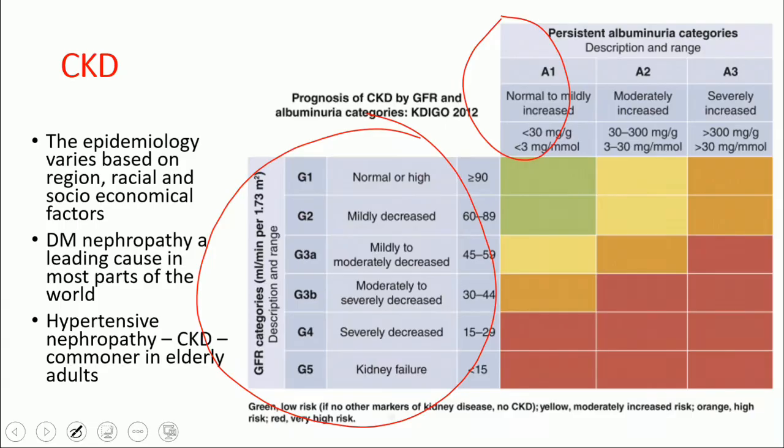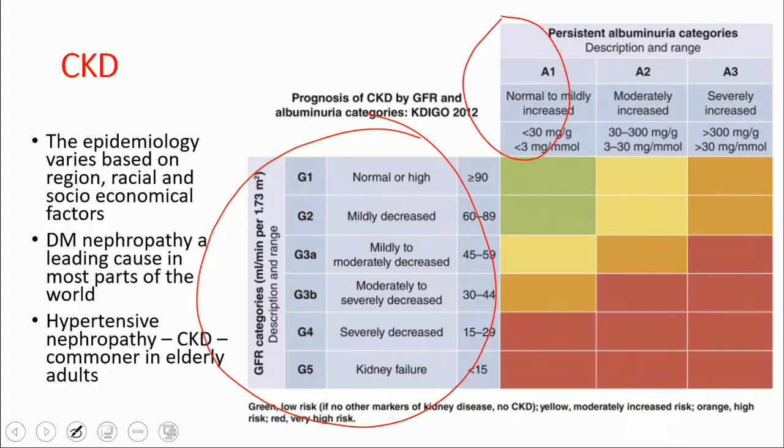So theoretically, yes, AKI will cause a transient drop in the renal function and then recover, and CKD, progressive deterioration. That's theoretically true, but practically it's difficult to prove sometimes. Okay? Right.